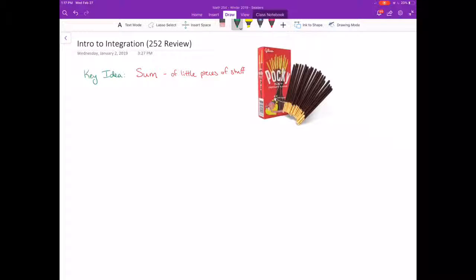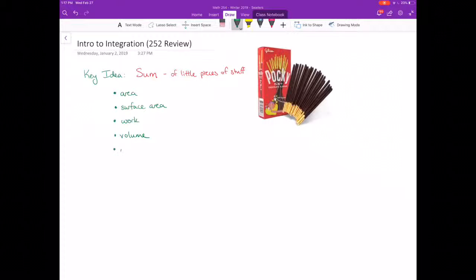So it's a sum of little pieces of stuff. So in 252, you might have added up areas of rectangles to get area under curve. Or you might have added up surface area of a volume of revolution to get the surface area of a volume of revolution. Or you might have added up little pieces of work to get the total work, to say pump water out of a tank. You might have added up little pieces of volume.